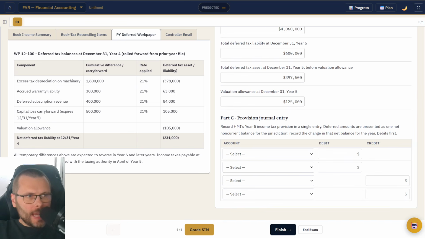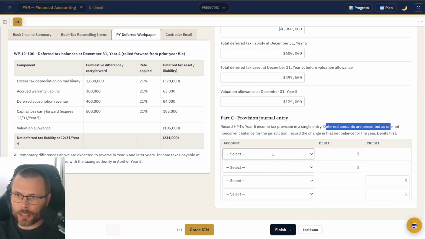And the last item on the sim is Part C, Provision Journal Entry. Record HMI's Year 5 income tax provision in a single entry. Deferred amounts are presented as one net non-current balance for the jurisdiction. Okay, so we need to book the income tax expense, current, and the income tax expense deferred.